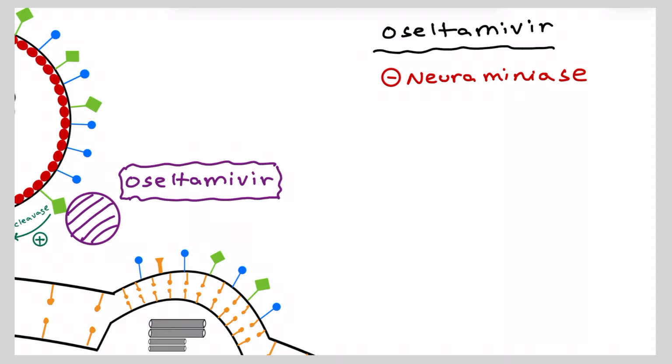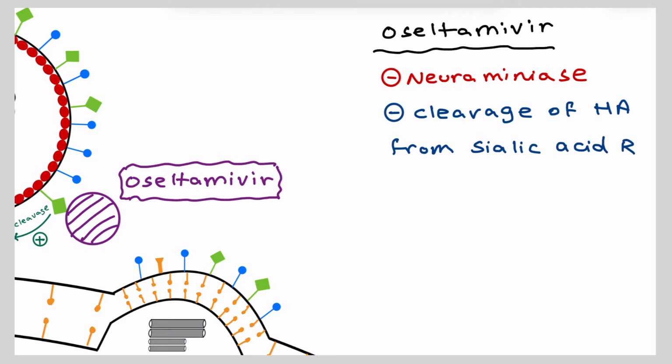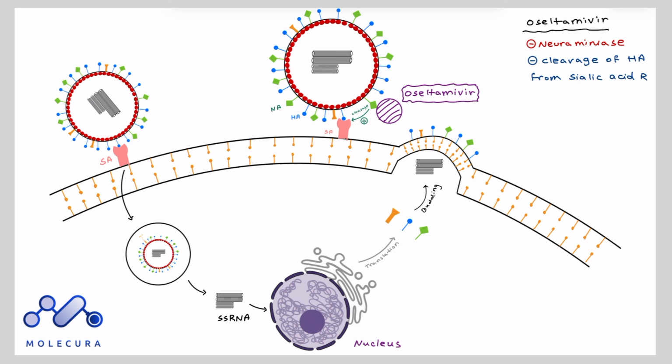It is going to inhibit the cleavage of hemagglutinin from the sialic acid receptor, and therefore it's going to inhibit the spread of the influenza virus inside the human body.